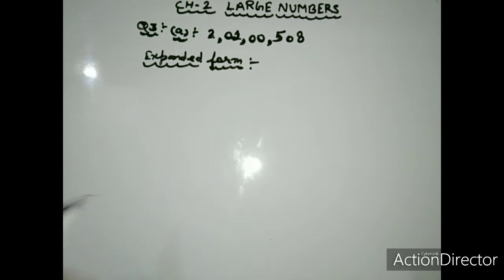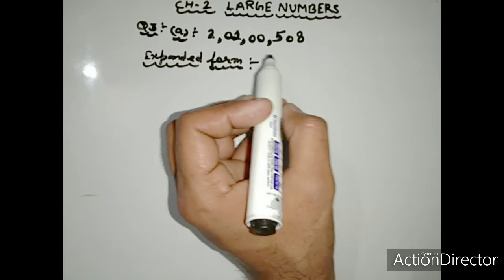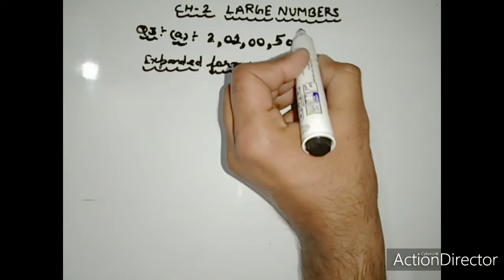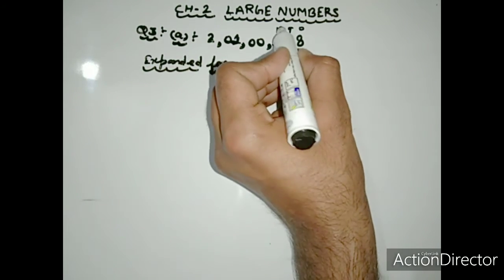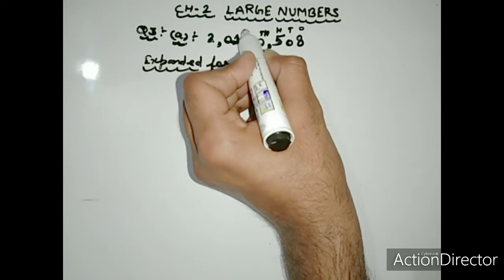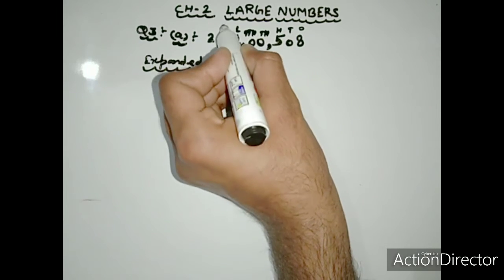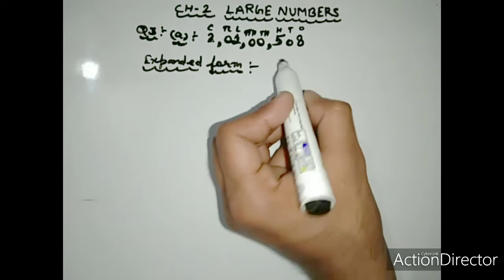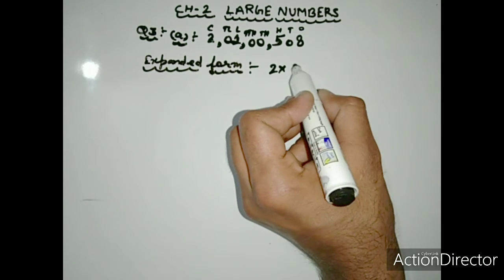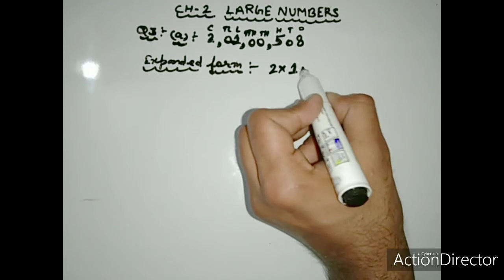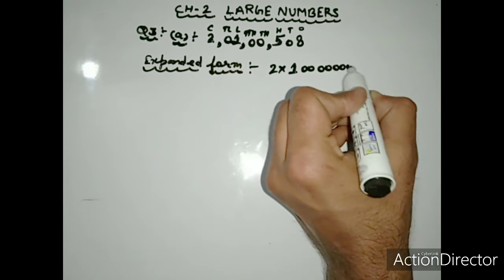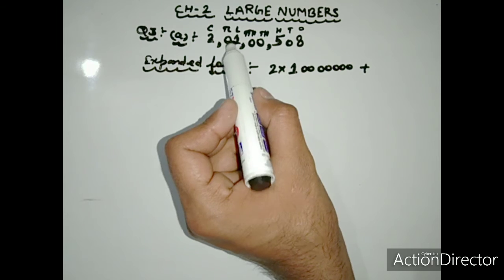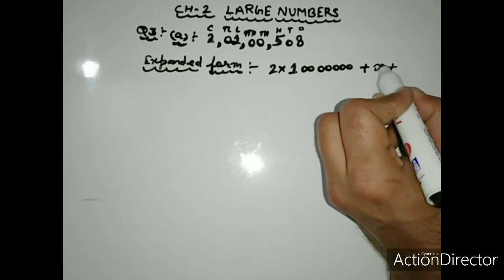First we write the places of these numbers: ones, tens, hundred, thousand, 10,000, lakh, 10 lakh, crore. So here 2 in the crore place, so here 2 multiply by crore. Now 10 lakh place 0, so here we put 0.